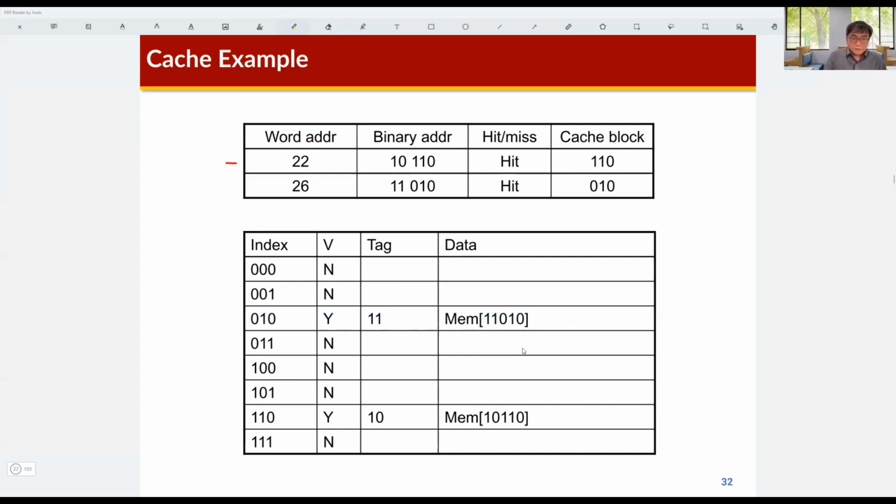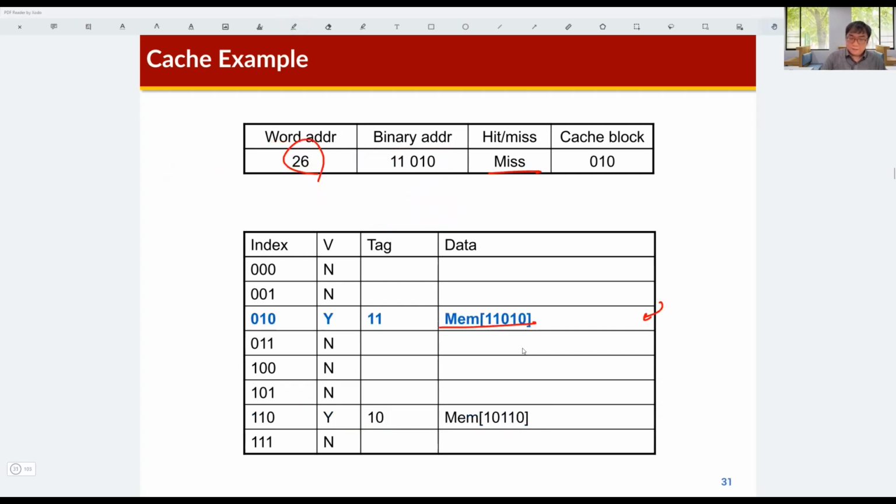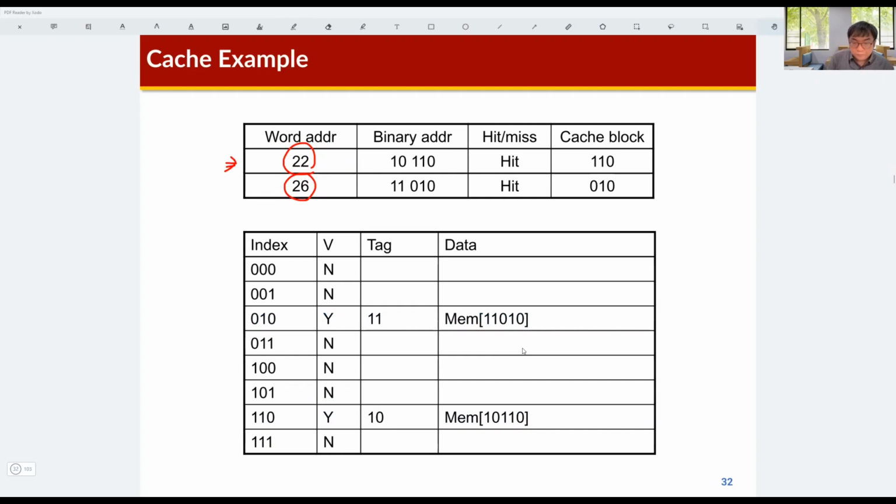For the next turn, let us assume that the processor requests word addresses 22 and 26, which are the same as the word addresses of the previous accesses. If 22 is translated into a binary address, the index number is 110 and the tag is 10.